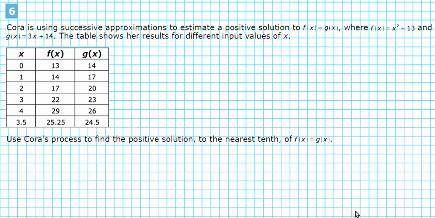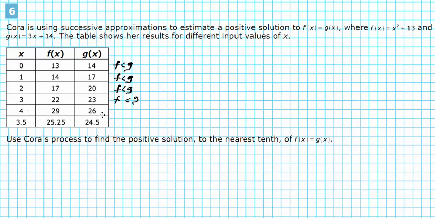Okay, so what we want to do first is carry out a comparison between our output functions f and g. What you notice is for 0, 1, 2, 3, f is smaller or less than g. Here f is less than g, 14 and 17, f is less than g, 17 and 20, f is still less than g, 22, 23, f is still less than g, but take a look at this.